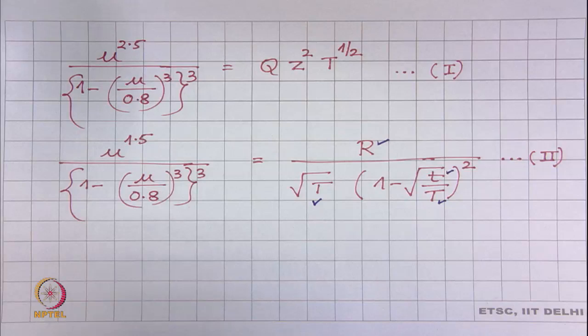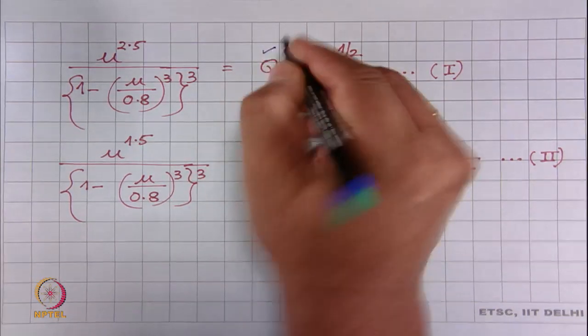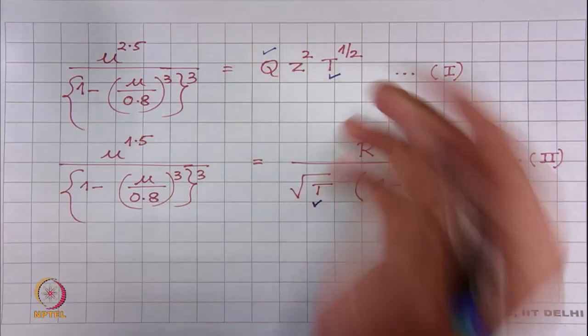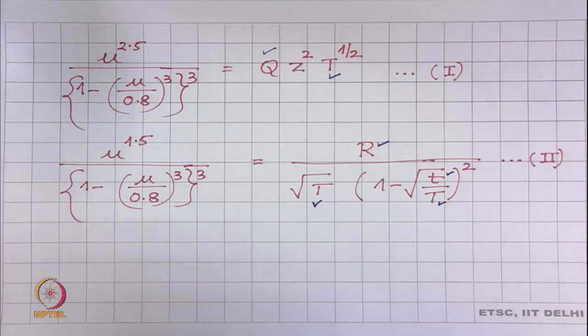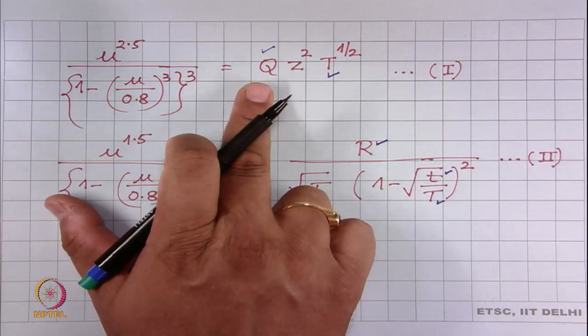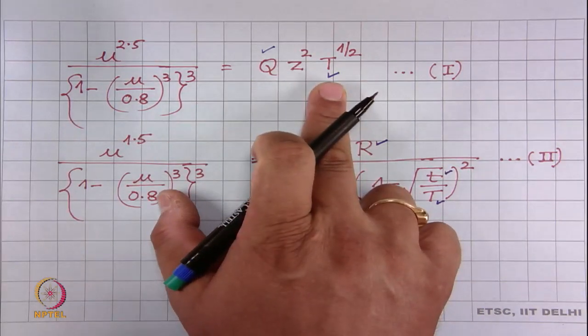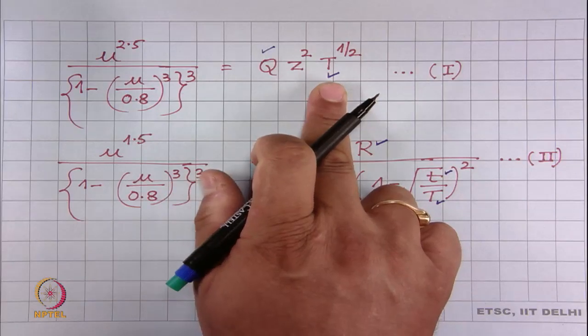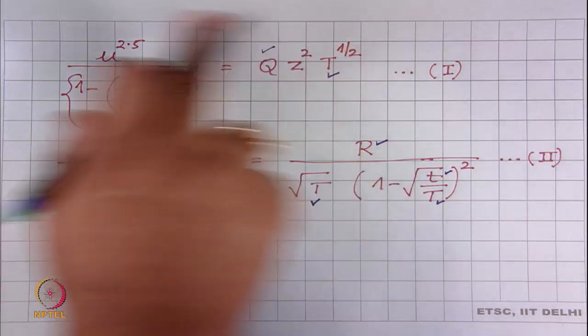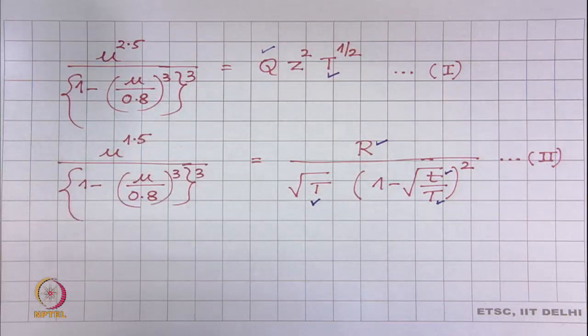So, that means the value of Q is known to you before yarn production, and value of T is also known to you. So, left hand side is known, Q is known, capital T is known. What is unknown? Only one variable, that is yarn twist Z. So, if you solve this equation, you will find out Z, yarn twist. So, that twist you have to insert to yarn.